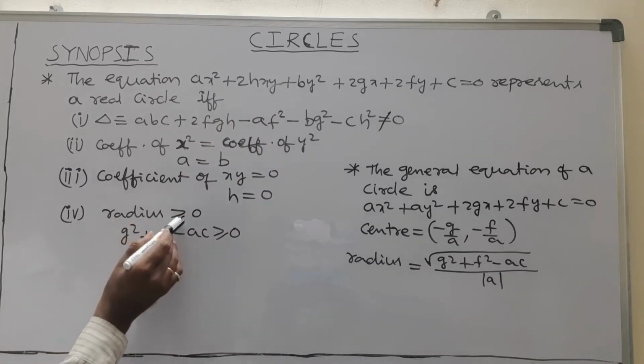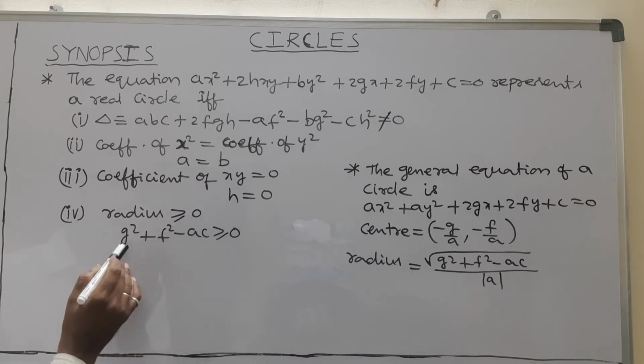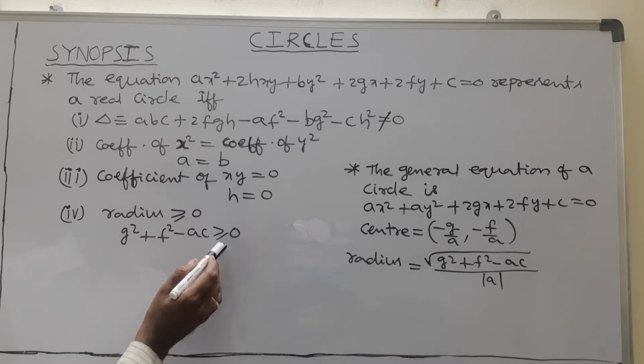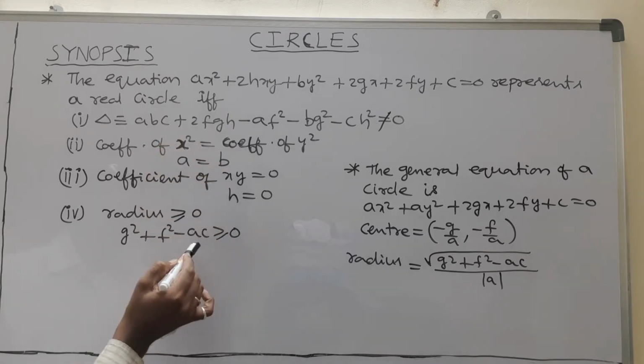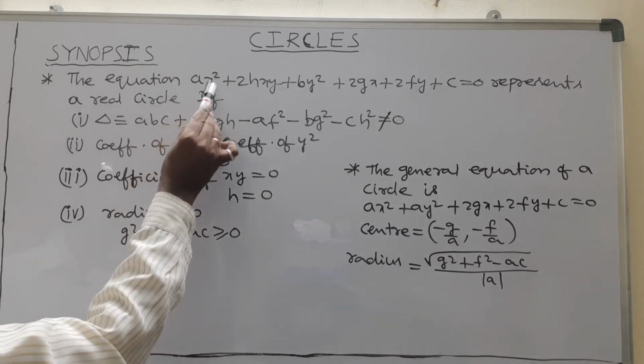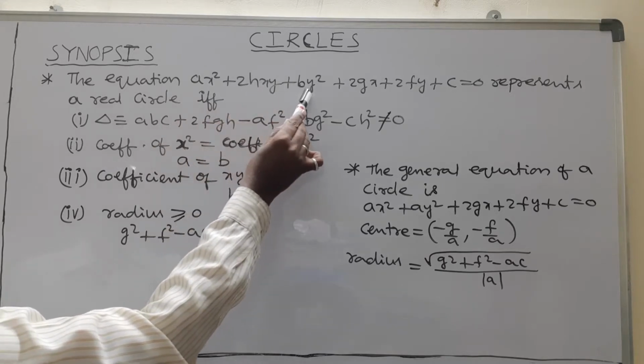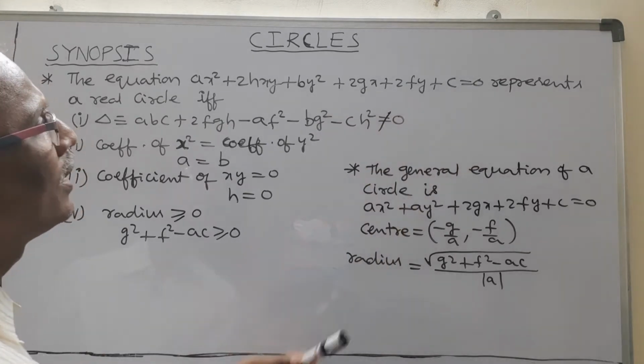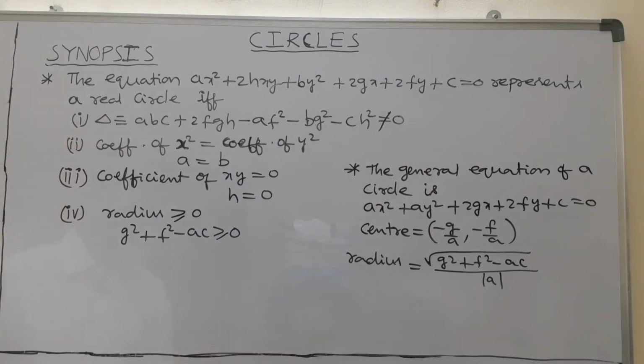Here the radius is greater than or equal to 0. That means g square plus f square minus ac is greater than or equal to 0. When these four conditions are satisfied, then ax square plus 2hxy plus by square plus 2gx plus 2fy plus c equal to 0 represents a circle.